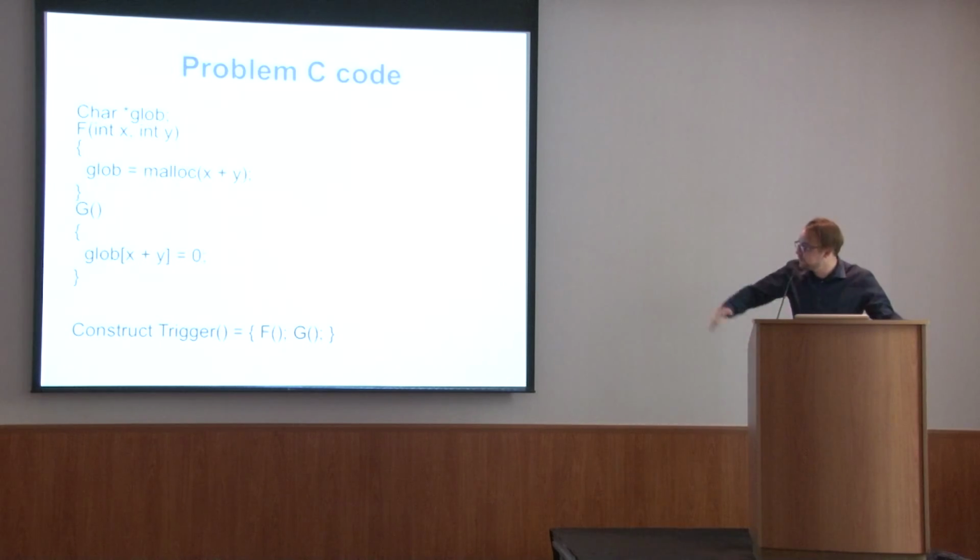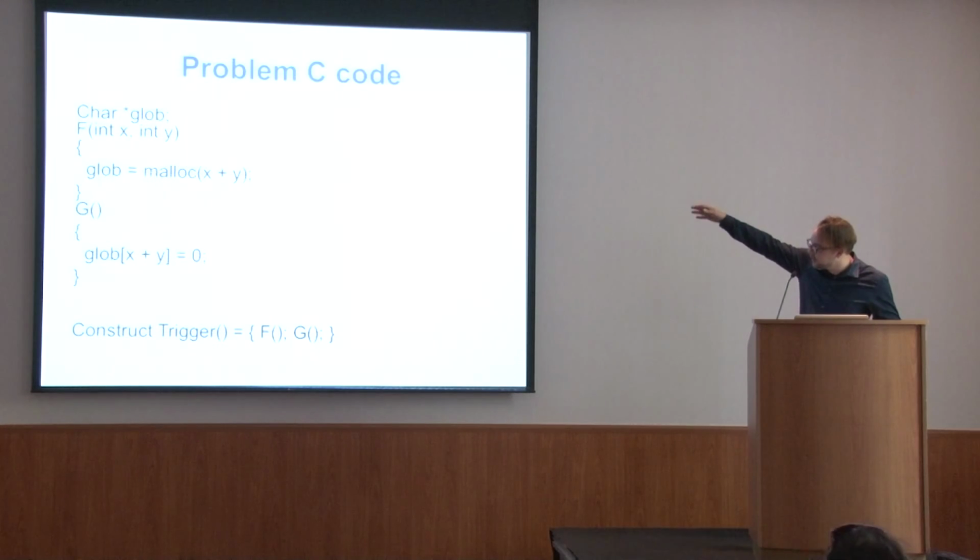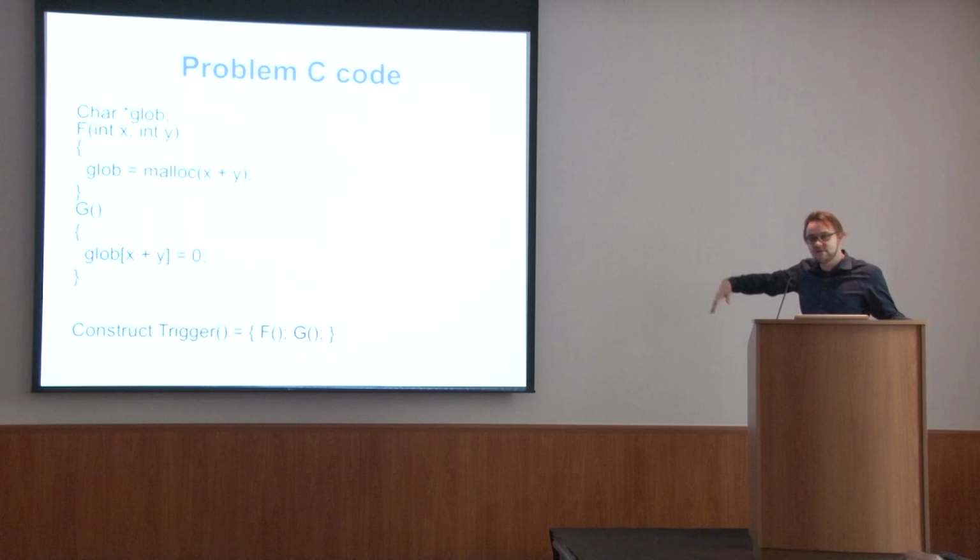There could be some constraint at the precondition, at the input of f, that makes x plus y never overflow, or never zero. So there could be no bug at all if you analyze f and g in independence.